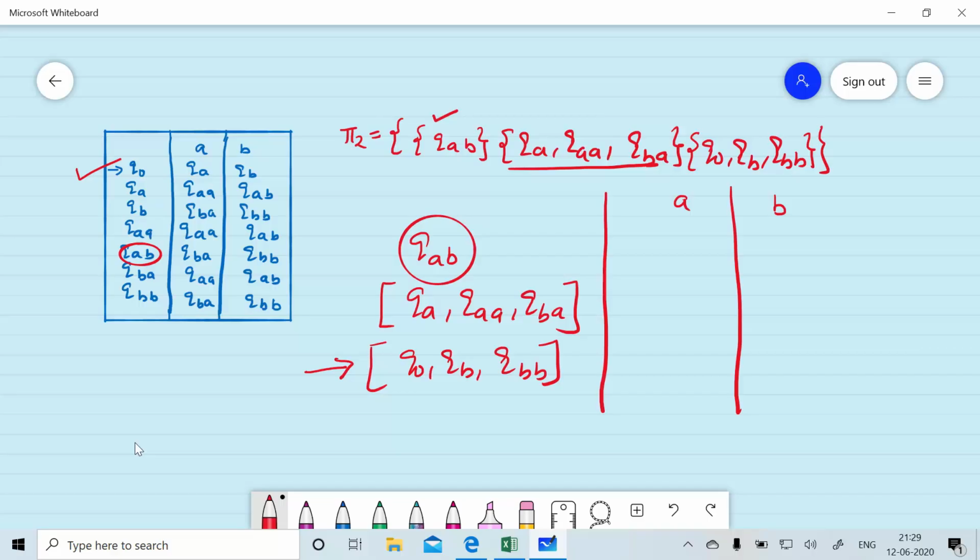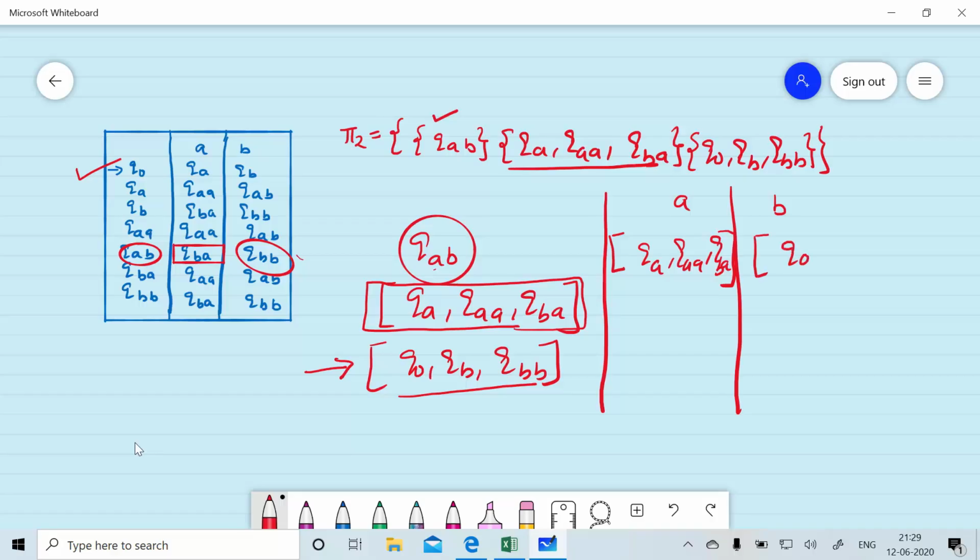Now on reading A on QAB, we move to QBA, and QBA is present in this set, so we write QA, QAA, QBA. Under B, it is QBB, which is present in this set, so on reading B we move to Q0, QB, QBB.